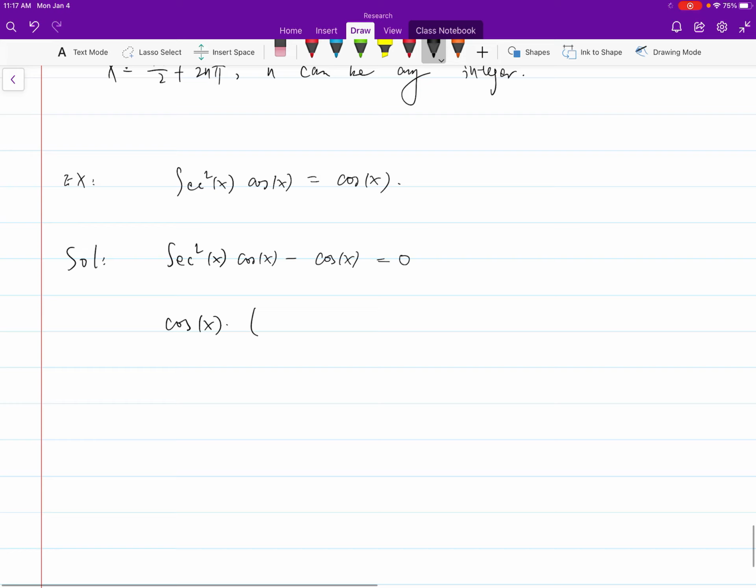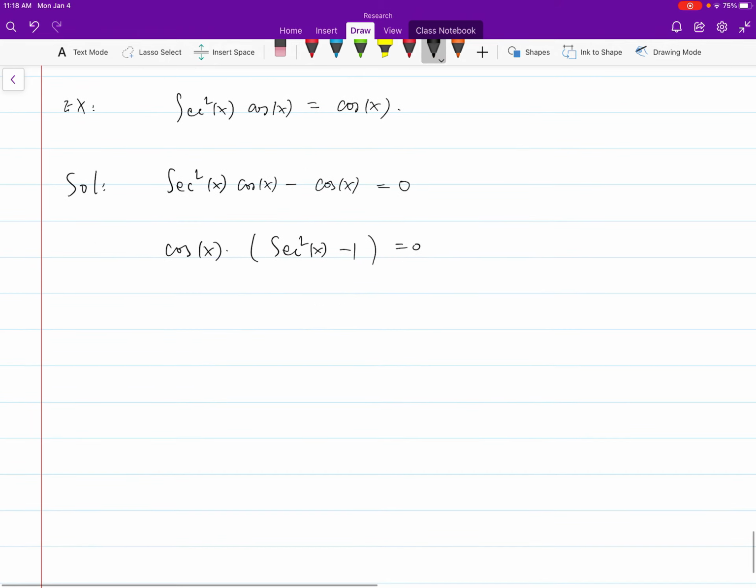Then you see the old algebra still works. So 2 things multiply equals 0. What are the possibilities? The possibilities are cosine x equal to 0 or secant x minus 1 equal to 0.